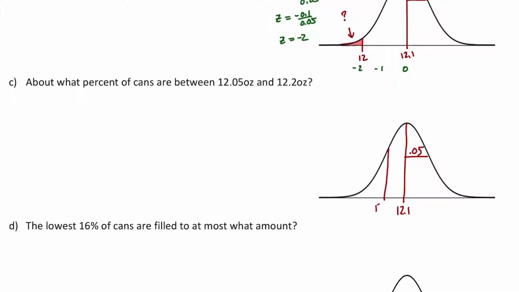This would be my 12.05, and this would be 12.2 ounces, and we're looking for the area in between. All right, let's write our probability statement. So the probability is that our x is between, so how do we write it then? It's that 12.05 is less than x, which is less than 12.2 ounces.